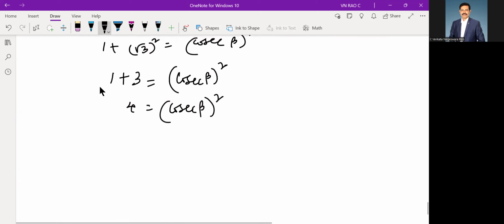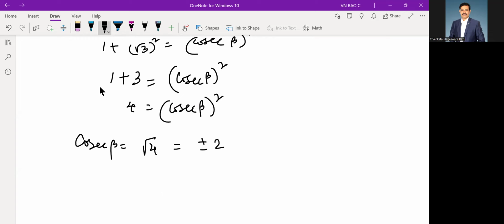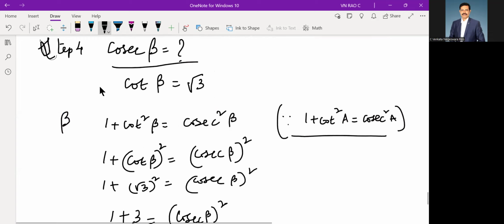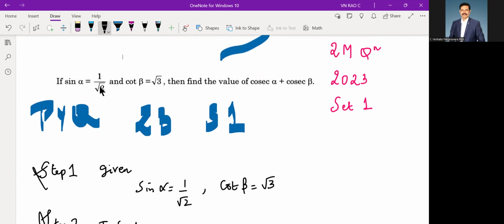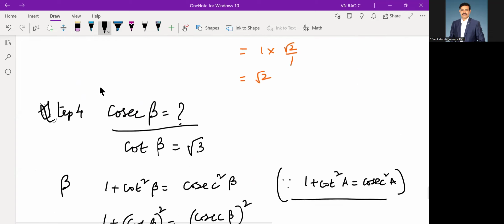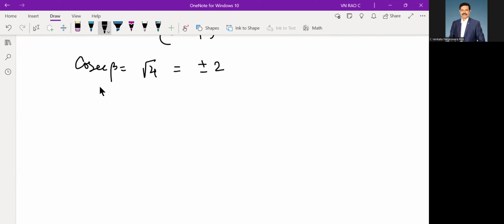So now cosecant beta will become square root 4, which can be plus or minus 2. So what is it that we need to find? See, sine alpha is given as positive, cot beta is also given as positive. You should be very careful here.